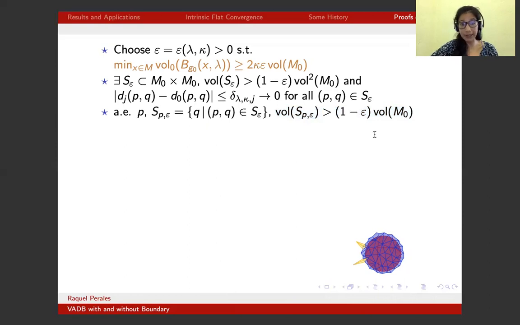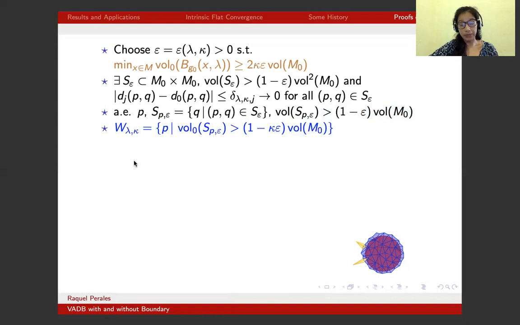Because of this, I'm going to define the set we're looking for, W_{lambda,kappa}, as the set of all the p's such that these slices have big volume. And I'm quantifying this big volume as (1 minus kappa epsilon) times the volume of M_0. So this number is smaller than this (1 minus epsilon) times the volume of M_0. So I'm collecting points that have big volume, but not as big as this one. I'm relaxing this condition. Then this is the set that I propose as the one that works.